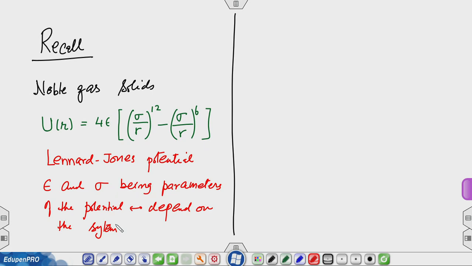And then we calculated the total energy by summing over the pairs. So, this was equal to summation i j, i not equal to j, this is u r i j, and there is a factor of half here.